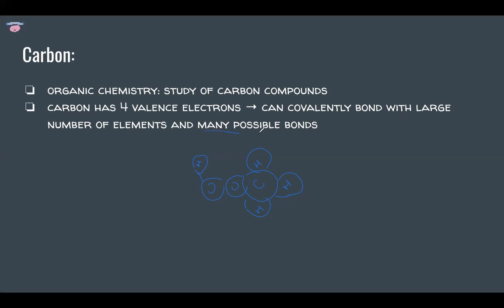It can also form many possible bonds. So instead of all this, it could form a double bond with oxygen. Of course, we'd have to get rid of another hydrogen for that, but still, it's worth it. Now, this oxygen can bond with another oxygen, and so on.